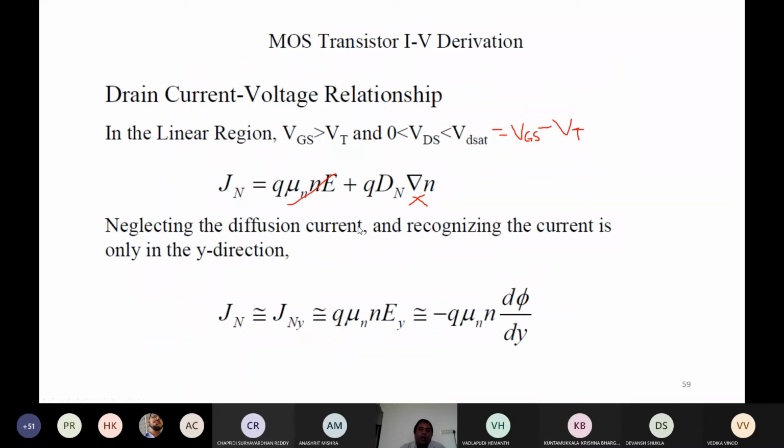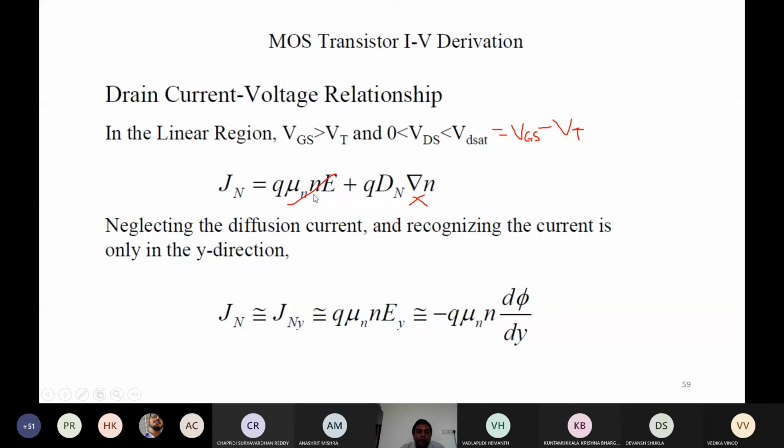Further, we can now calculate the MOS transistor I-V, meaning the drain current-voltage relationship, by first calculating the current density. In the drift-diffusion model, we know that current density is given by drift current plus diffusion current.